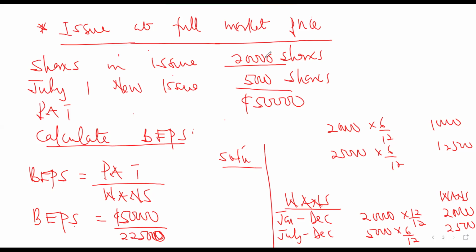Okay. So that is a new way of doing it. So maybe you can go with the one that you are going to like. What would be the earnings per share? 2.2 Ghana cedis per share.